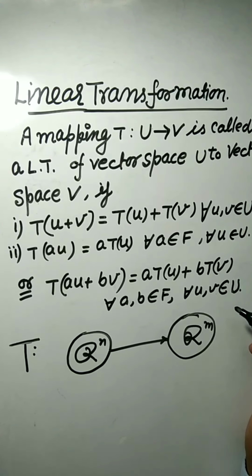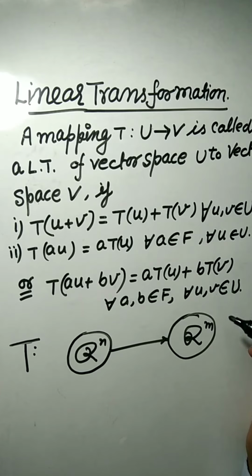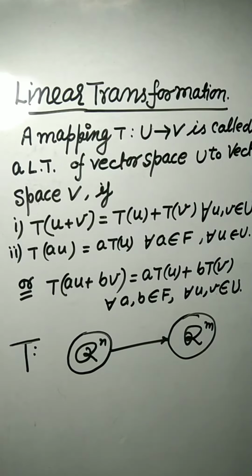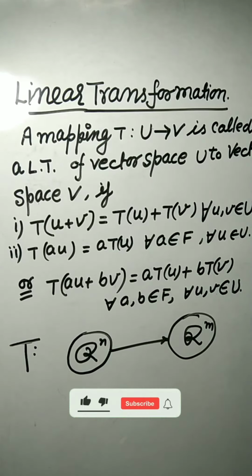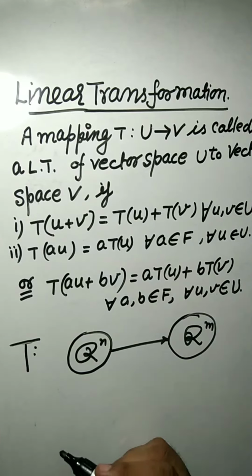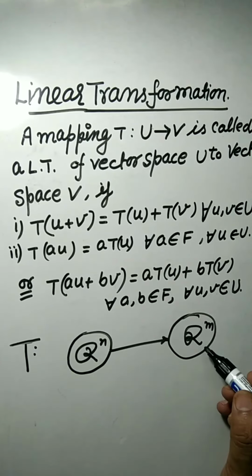A linear transformation transforms vectors. This is the transformation, or this is a mapping, from vectors in Rn to vectors in Rm.